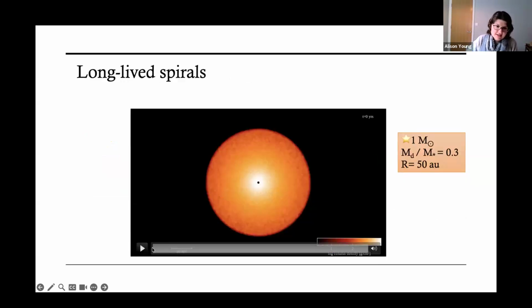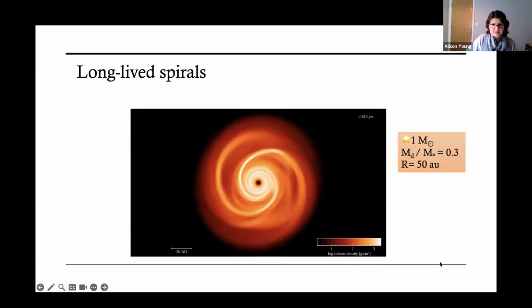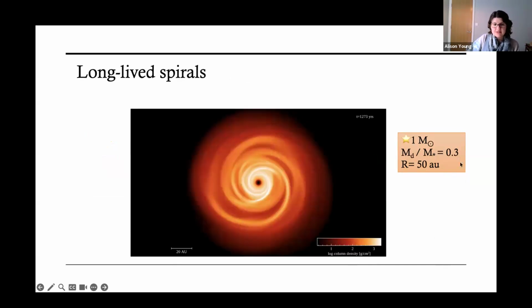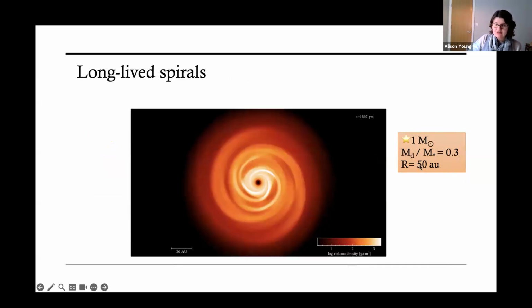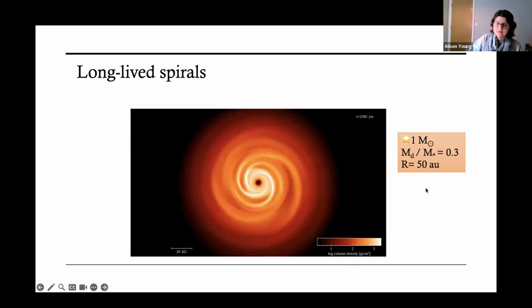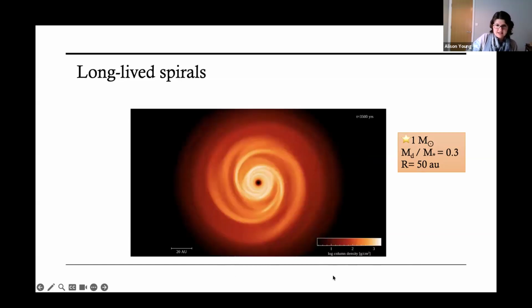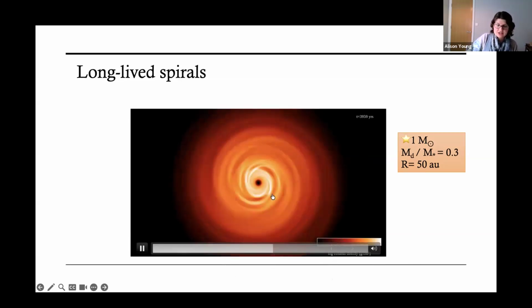So here's some results that we got from that. We found that we can get long-lived spirals. So here we've got a 1 solar mass star, and at half a megayear, the luminosity is about 3.3 solar luminosities. And I was able to run this for about 20 orbits, and we found that the spiral structures come and go.